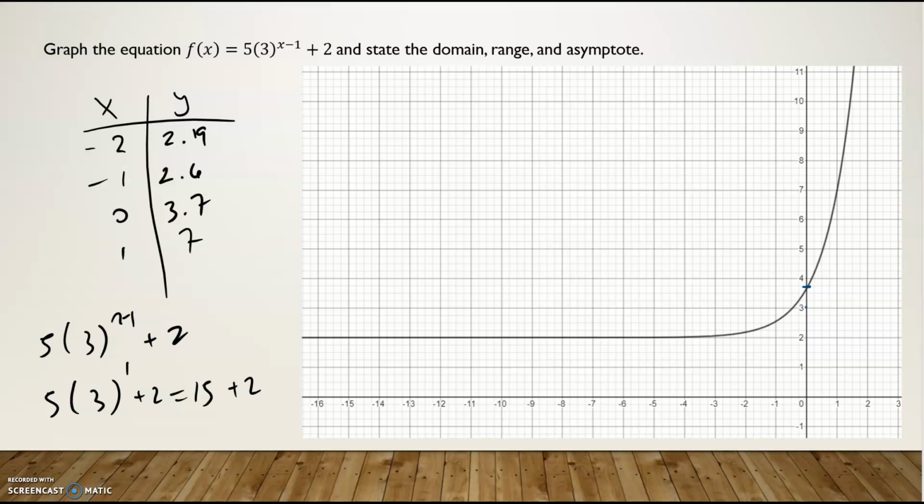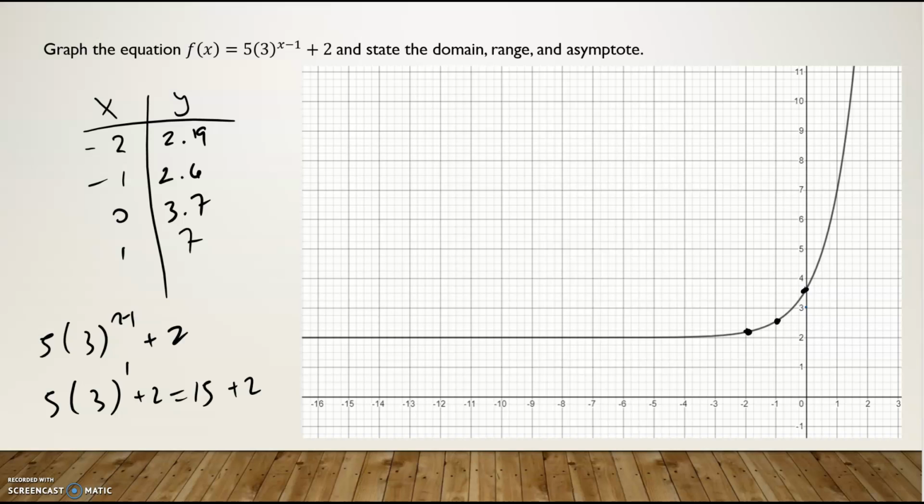Okay, so let's plot what we know. Okay, so we have -2, 2.19, so just a hair above 2. -1, 2.6, so that's pretty much halfway between 2 and 3, just a hair above it. 0, 3.7, so that's almost to 4.